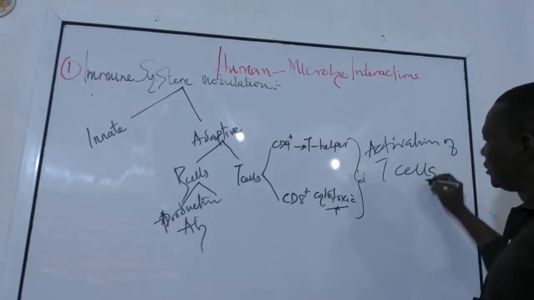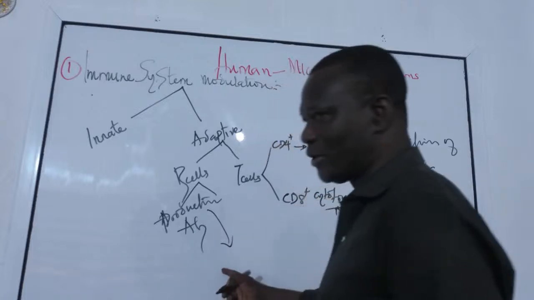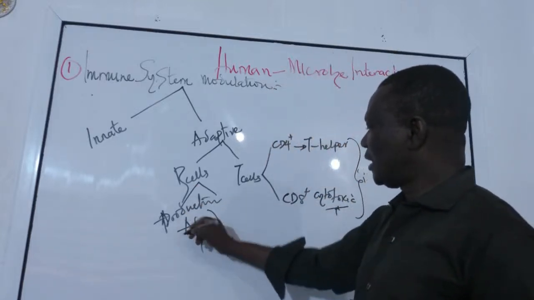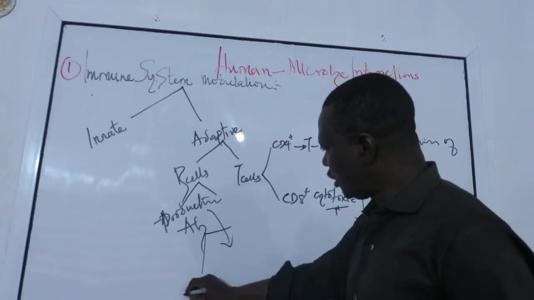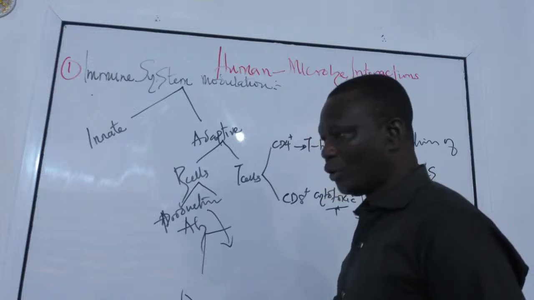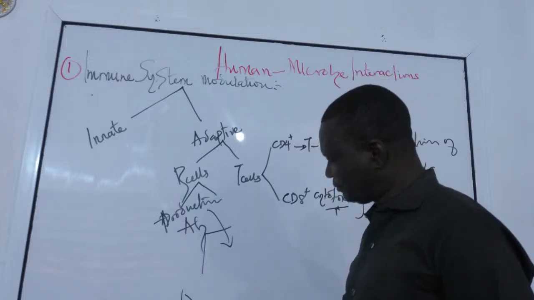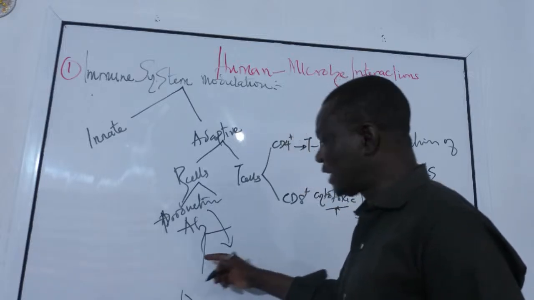Then some of them also play a very vital role. Don't forget that in antibody production, part of it will be used for what is called clonal expansion, which is going to produce different types of antibodies.